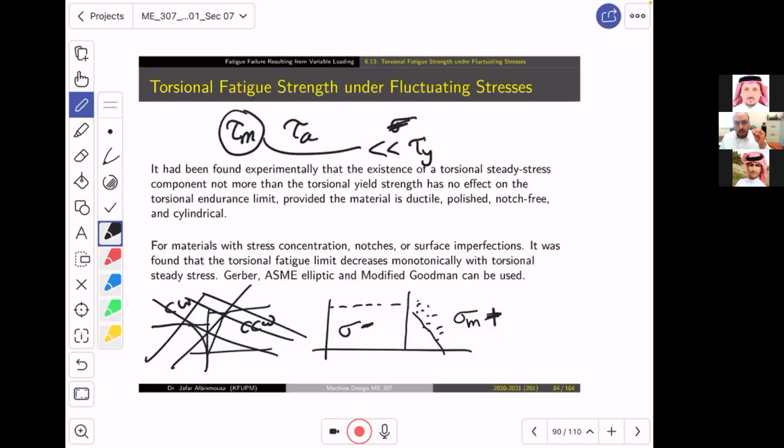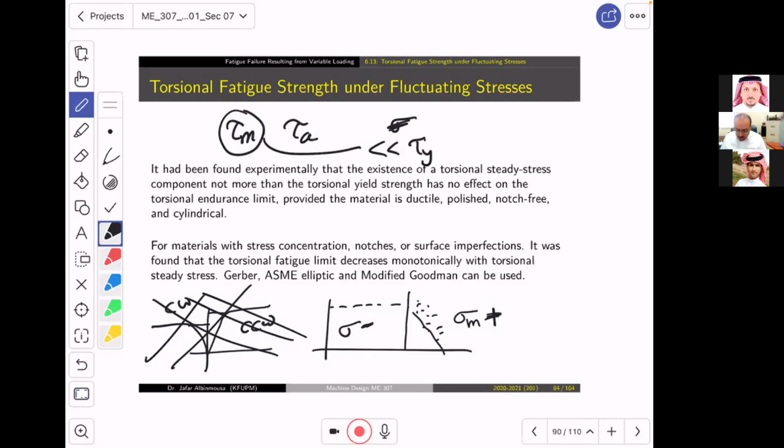It's not like the positive mean. With positive mean, add 10 megapascal, 20 megapascal, and it will change the endurance limit automatically. But with torsion, it's a little bit different, actually a lot.